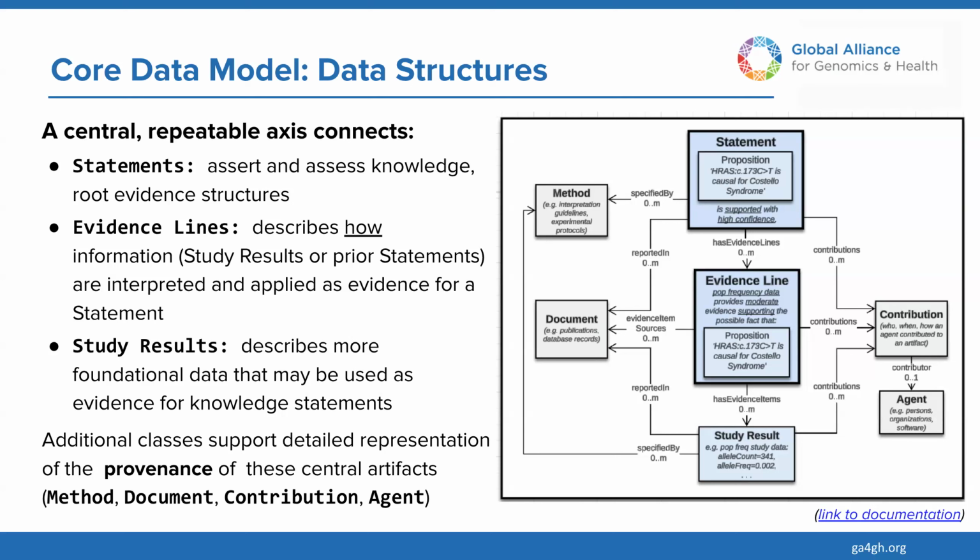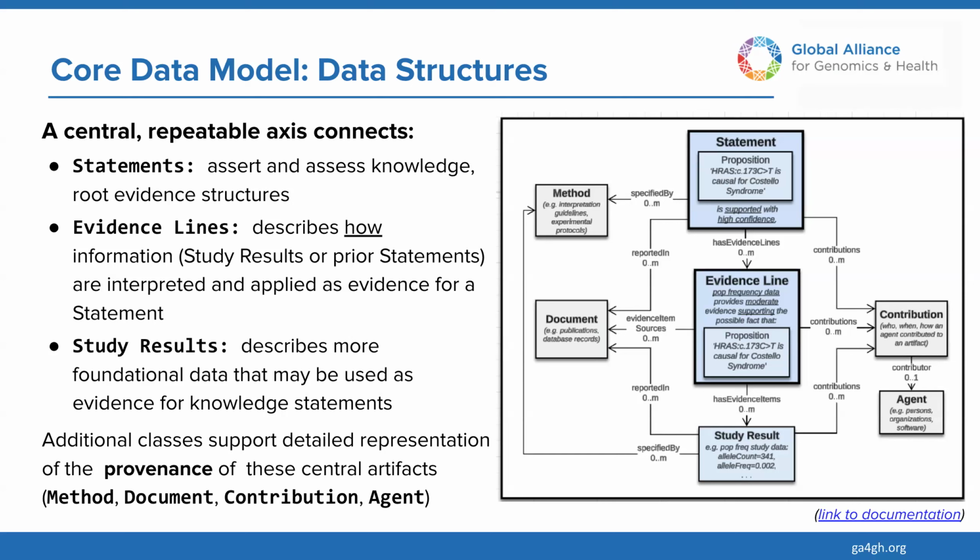How was it interpreted, when, by whom? So in the example here, that evidence line might say that a particular set of population frequency data provides moderate evidence that supports the fact asserted by the statement above it about the pathogenicity of that HRAS variant. And then these evidence lines, in turn, may be supported by one or more evidence items. Here, the example is a study result that reports the actual population frequency data that was used as evidence in this particular example.